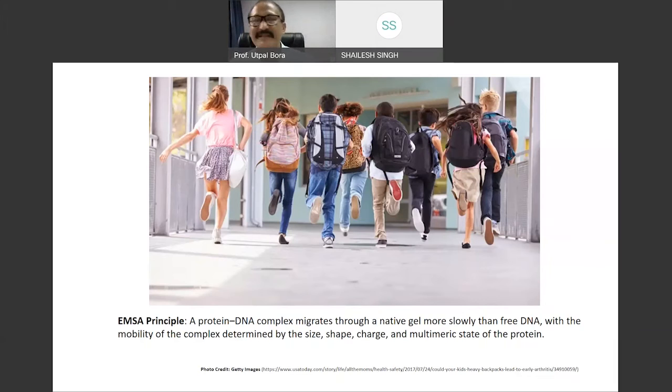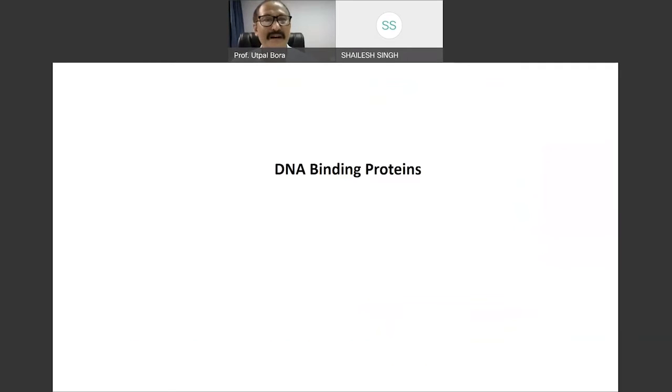That way we can separate them out, and we can also know that yes, these proteins are binding to DNA. Okay, now with this concept, let us move slowly towards the DNA binding proteins: who these guys are, what they do, and where you find them.